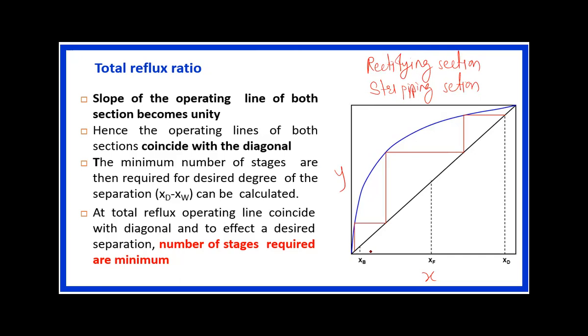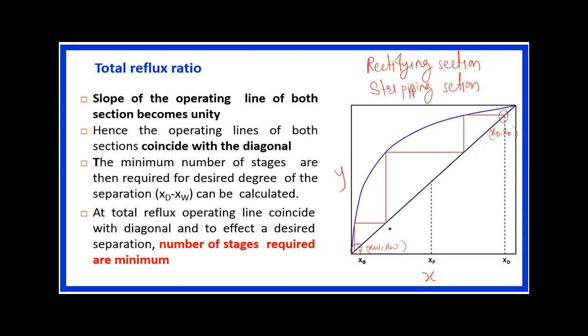But as it is a total reflux ratio condition, the operating line of the rectifying section, which starts from this xD, xD point, lies on the diagonal. And in a similar way, the operating line of the stripping section, which starts from xW, also lies on the diagonal.